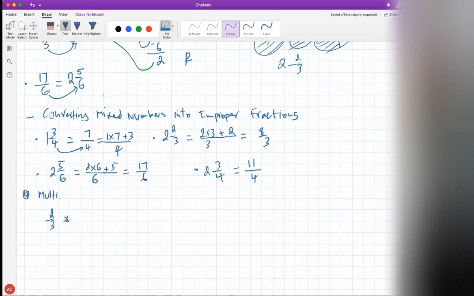Generally speaking, when you have 2 fractions, how do you multiply them? On straight lines: numerator by numerator, denominator by denominator. That's right, straight across. So 2 times 5 here, and 3 times 7.